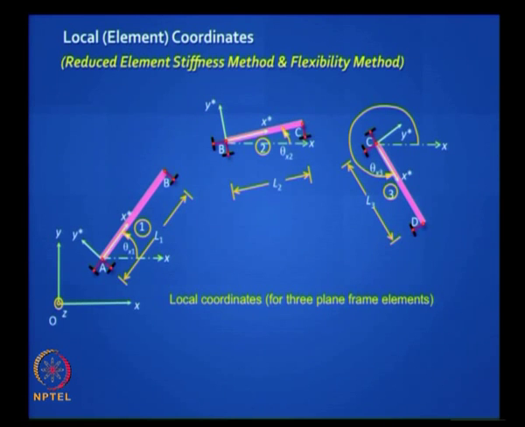Is it clear? Now how do I mark my degrees of freedom? Earlier I did 1, 2, 3, 4, 5, 6 for each. How do I do it now? How many do I get for each element? This is 1 for the first element. I have an actual degree of freedom because I am not assuming inextensible. If I assume inextensible, that goes. So that is my 1. Then I have 2 rotations.